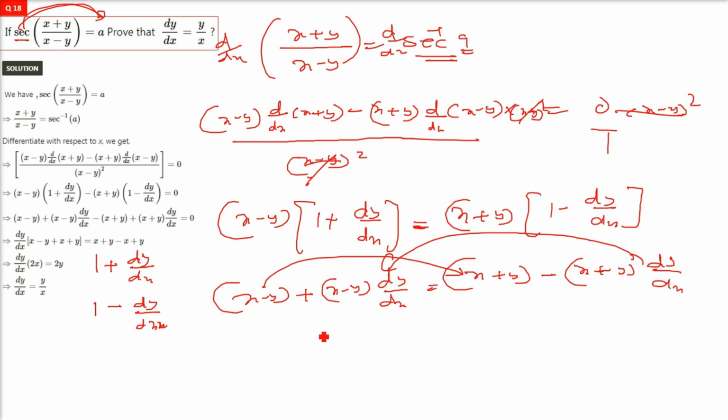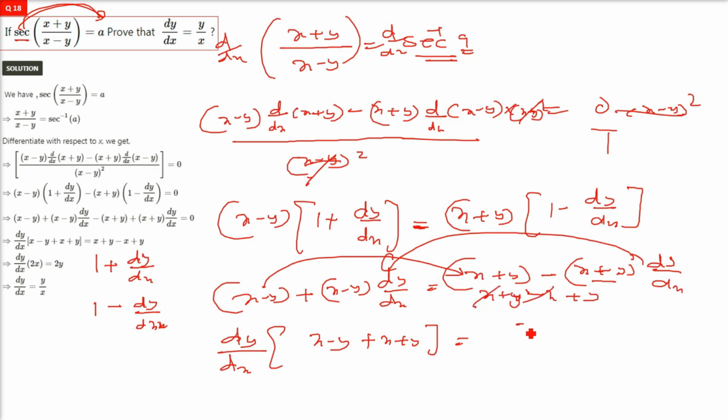This one. So we have dy by dx, x plus y, and this we are bringing here. So when it goes on the left hand side, it is going to be positive. Plus x plus y. X plus y was already there on the right hand side, and x minus y with a negative we are bringing it here. So minus x plus y it will be.